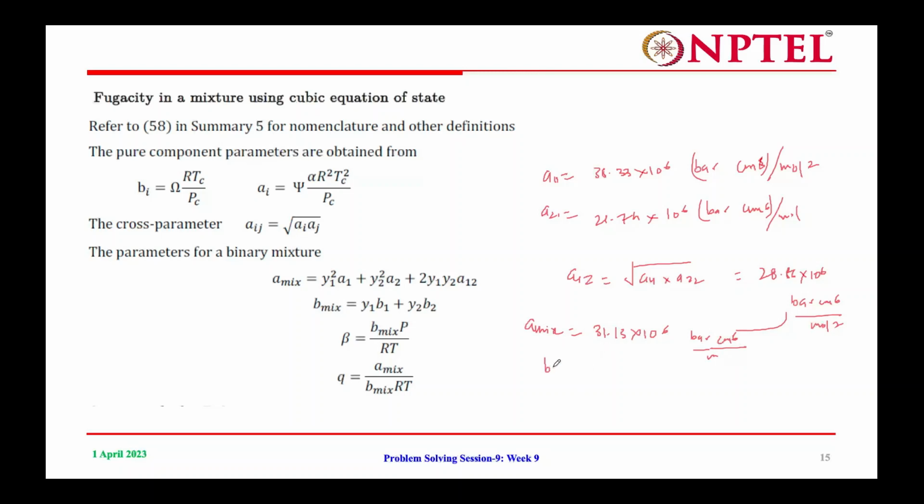Similarly b mix is 7.192 centimeter cube per mole, right? After that calculate the beta and Q value. Beta is 0.9839 and Q is 1.26, right?